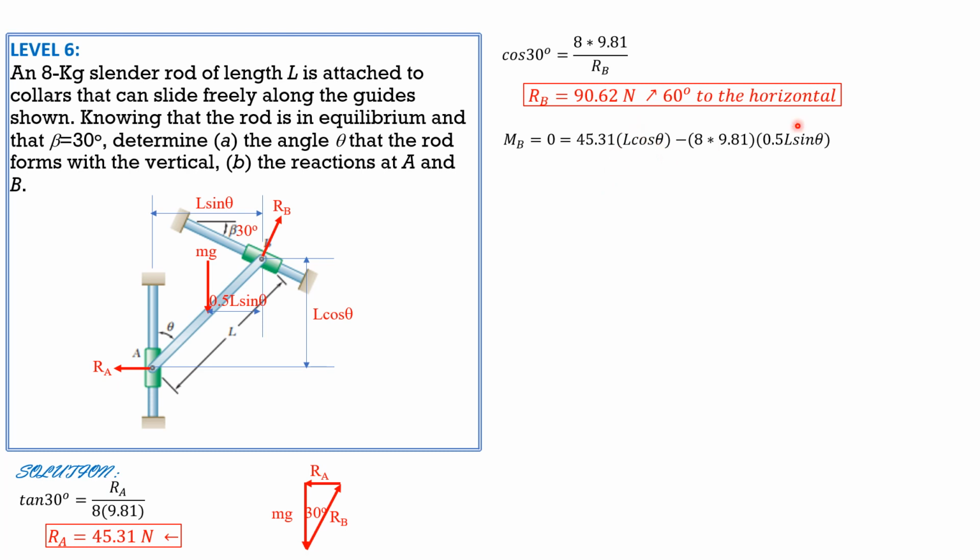So cancel out L, so we have 45.31 cosine theta equals 8 times 9.81 times 0.5, which is 39.24, sine theta after transposing. So tangent theta is 45.31 over 39.24. From here, we can now solve theta. Theta is equal to 49.11 degrees. So that's it for this batch of problems.